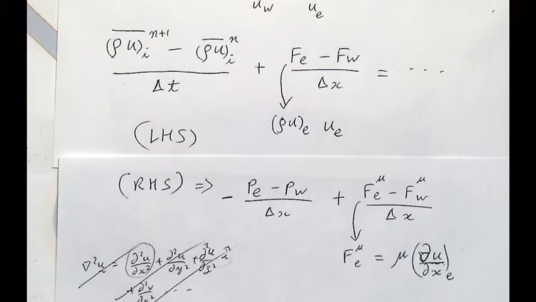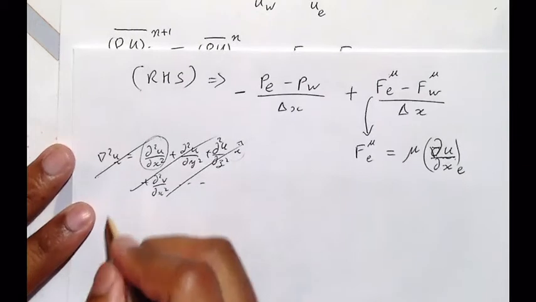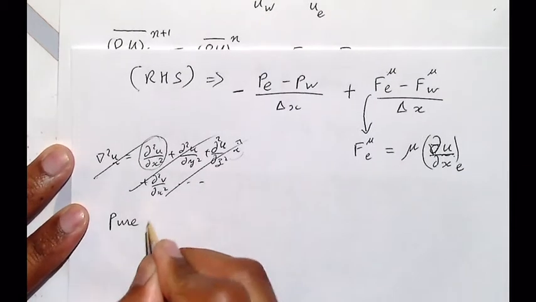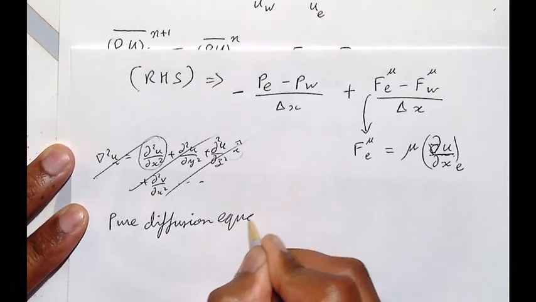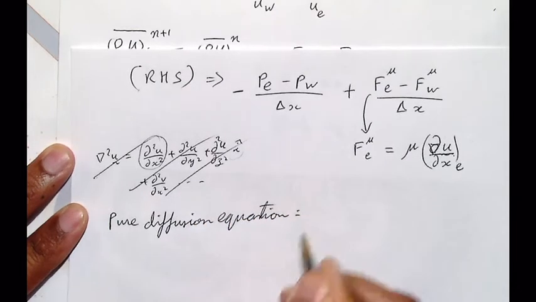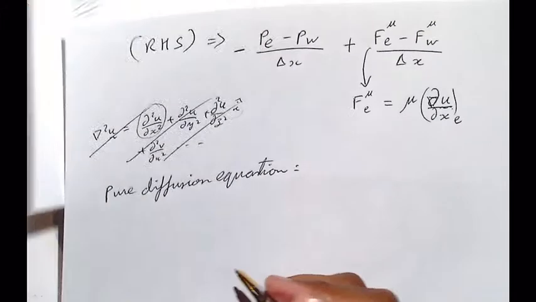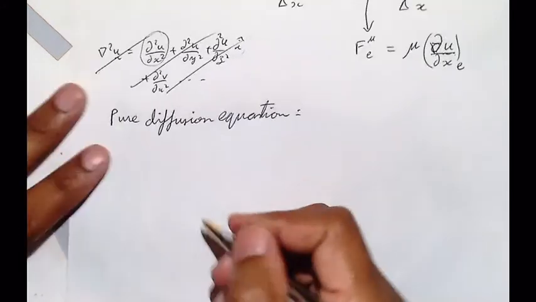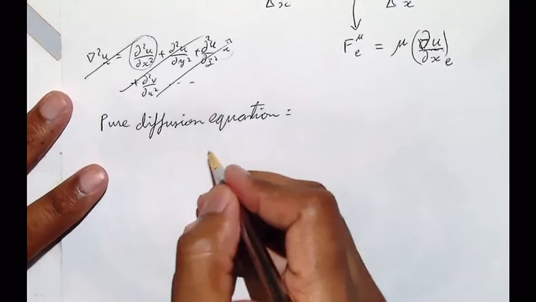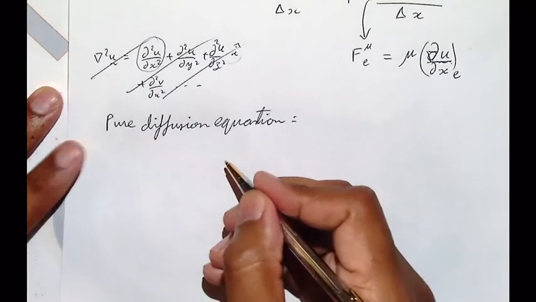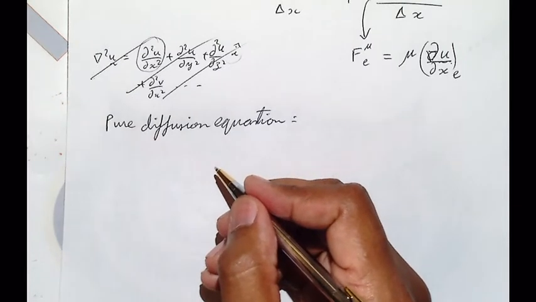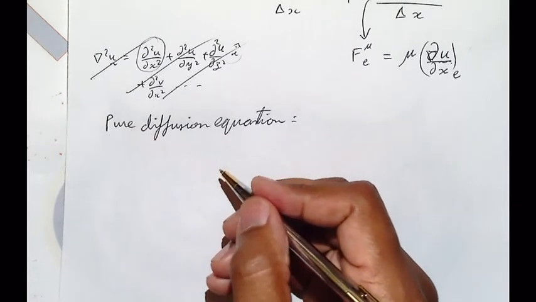All right, so let's talk about this diffusive flux a little more, okay? And let's take a simpler equation. So let's take the pure diffusion equation. Pure diffusion equation for a passive scalar, let's call it phi.